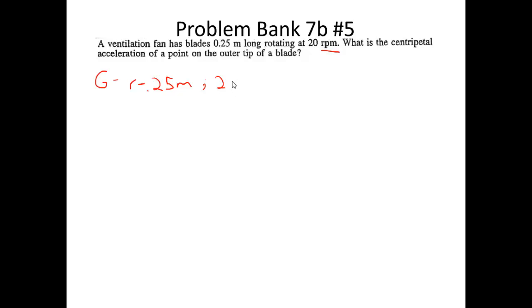So we start with 20 revolutions per minute, and we're going to want to change that to radians per second. So what we do there is we multiply by 1, and we know that 1 revolution is the same as 2 pi radians. And we know that 1 minute is the same as 60 seconds.